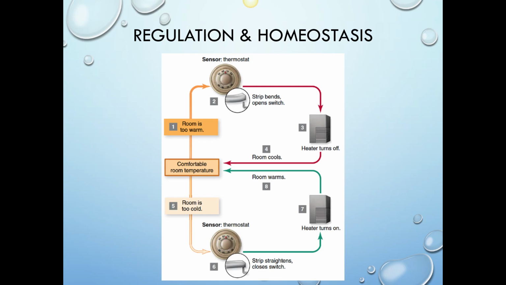The heat will run until the problem is solved and the house gets back up to the set temperature according to your thermostat. And then the system will shut off. Now the house is back in homeostasis. So we have these homeostatic imbalances that happen all the time. We have things that happen in our environments that we have to be able to respond to.